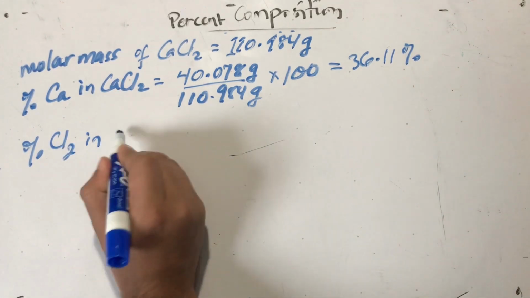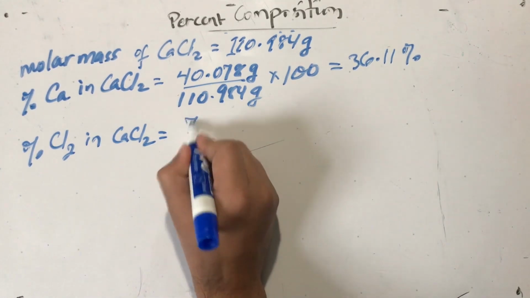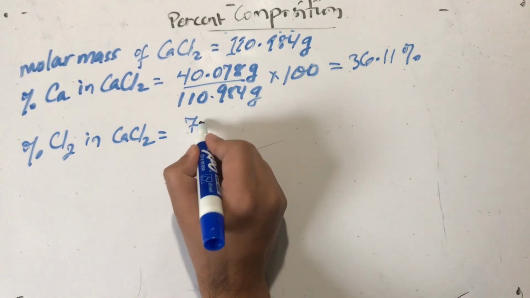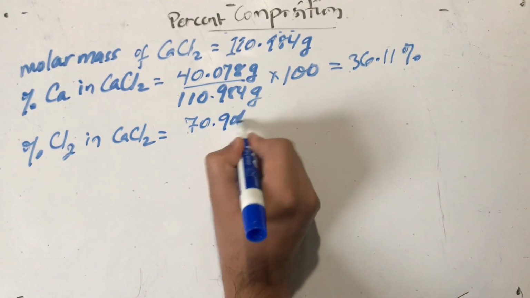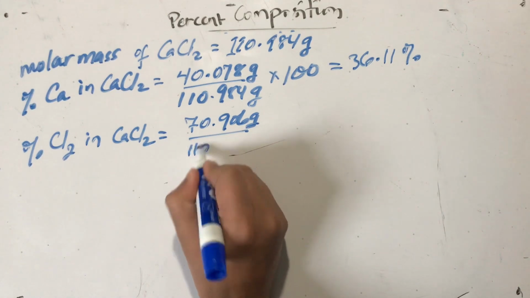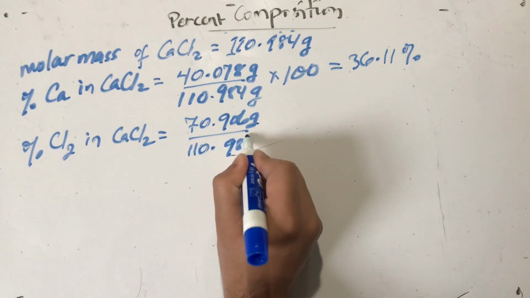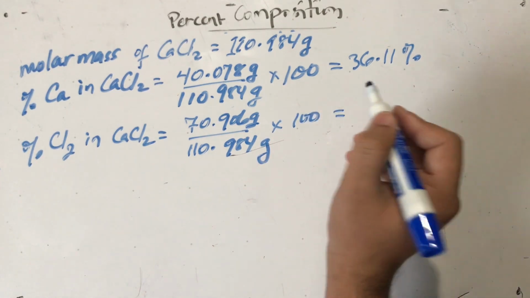The next one is to find the percent composition of chloride in calcium chloride. We know there are two of them, so when you multiply the atomic mass of chlorine by 2, we get 70.906 grams. We did this calculation already. Divide by 110.984 grams and multiply by 100 again.